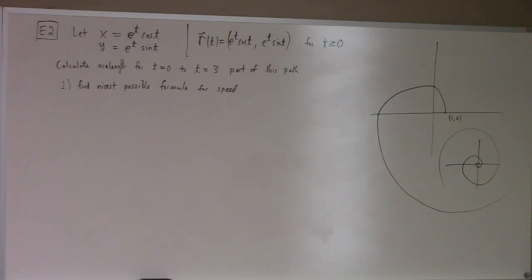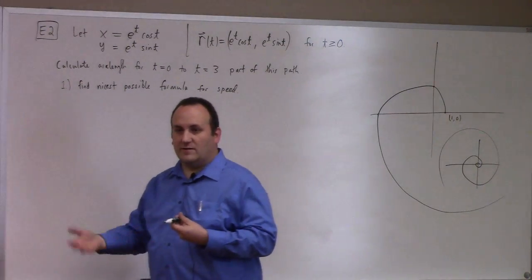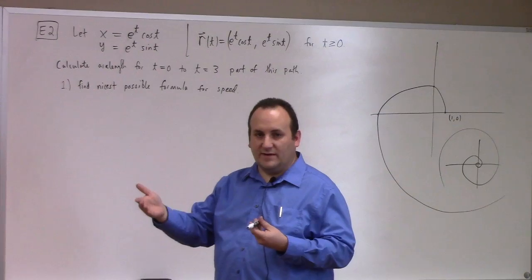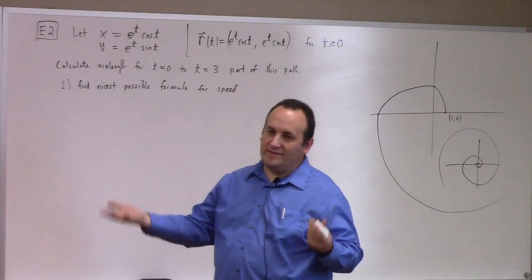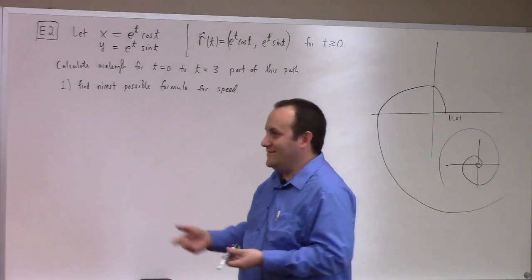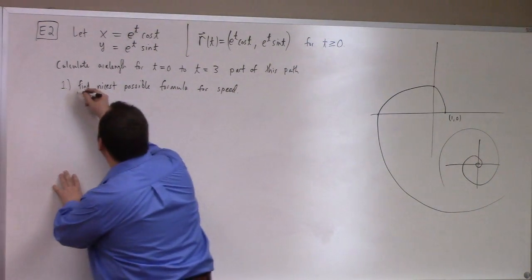But generally speaking, as a point of organization, it's in your best interest to find the formula for the speed first and then integrate it, because you don't want to be doing algebra carrying the integral sign along. I know you guys. You're going to write the integral for the first 2 steps, and then you're going to stop writing it. And then I'm going to take off points, and then we'll all be sad. So let's just think about how to write correct work a little bit now.